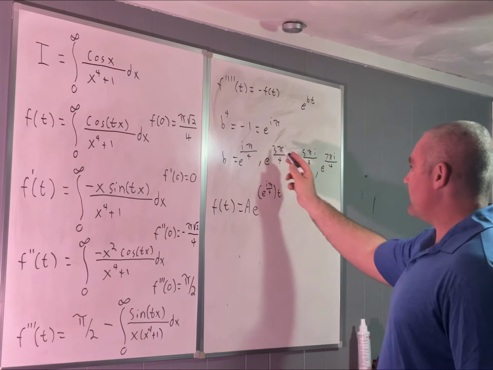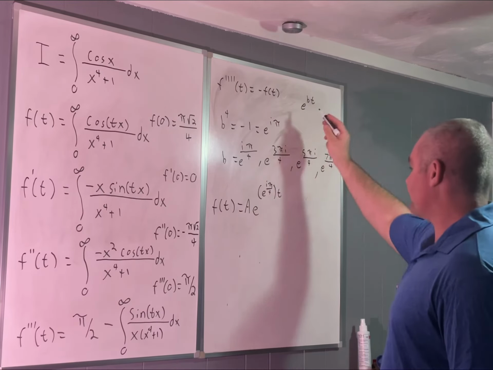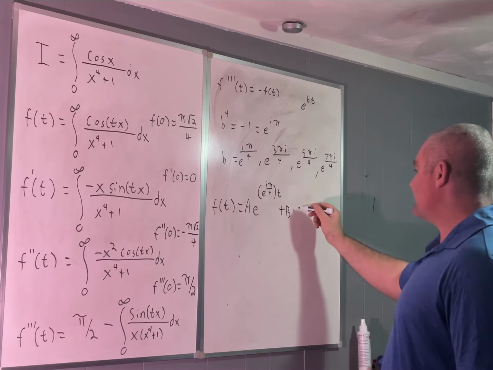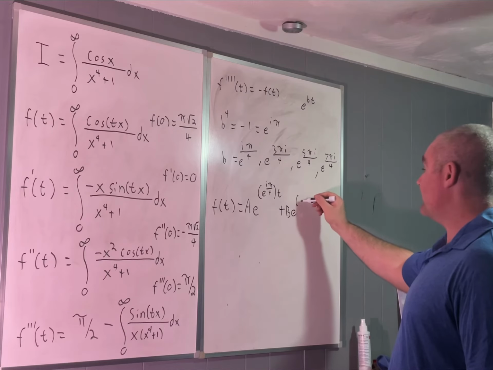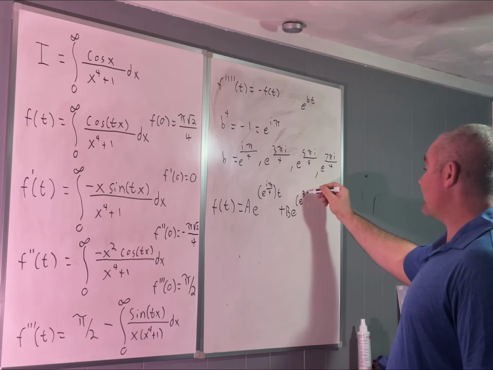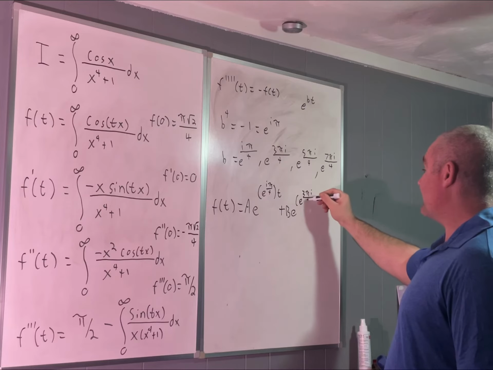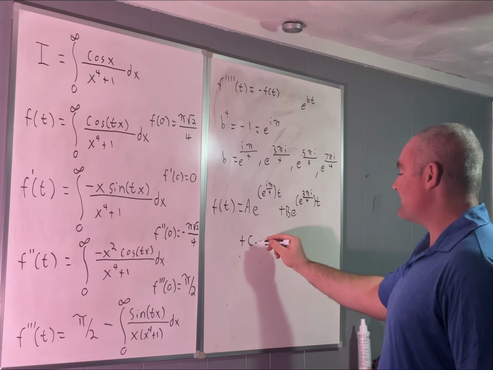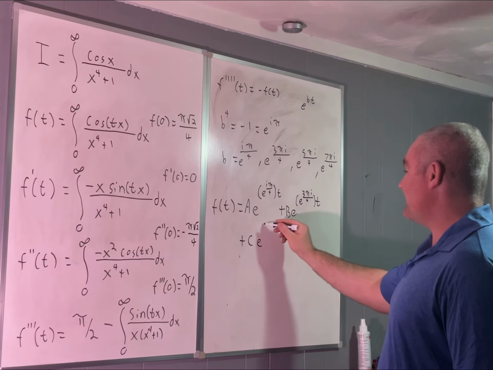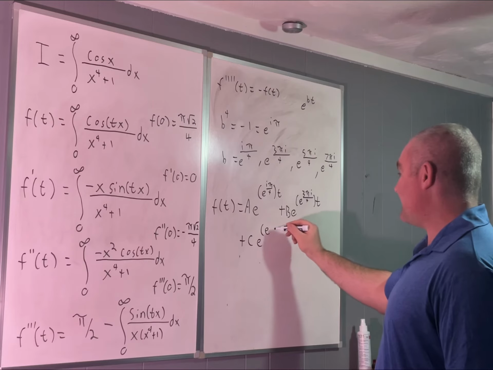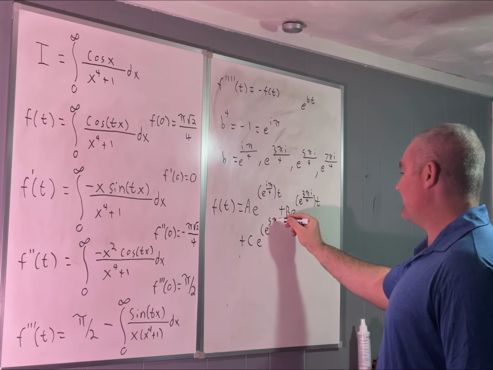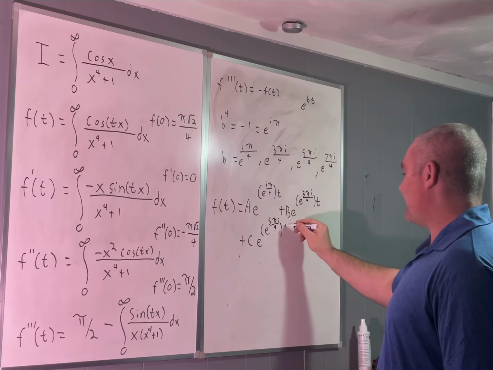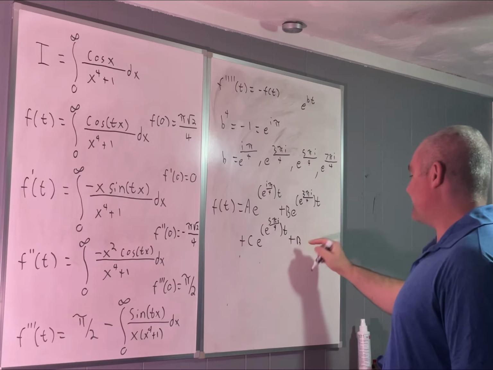And also, we would have this as a solution for b as well, so we need to add some constant b times e to the 3 pi i over 4 times t plus some constant c times e to the 5 pi i over 4 times t plus some constant d.